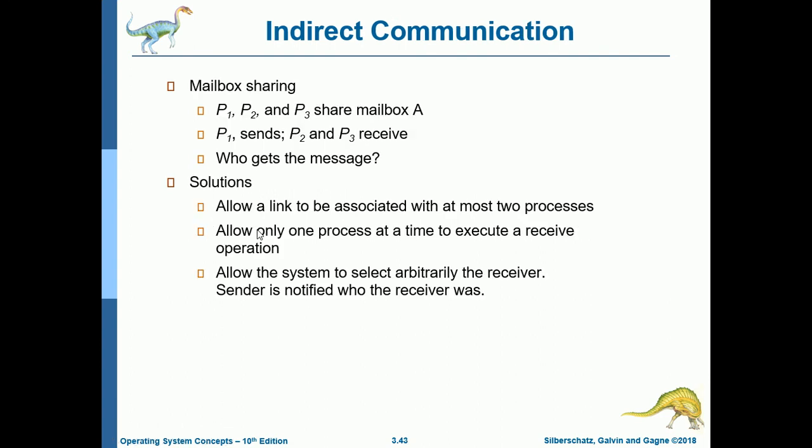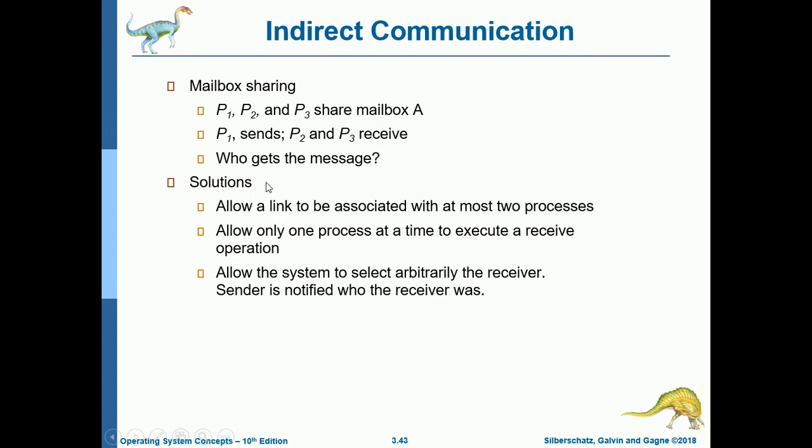Mailbox sharing. As I've said, two or more processes can share a mailbox. For this example, we have three. P sub 1, P sub 2, P sub 3 share mailbox A. P sub 1 sends. P sub 2 and P sub 3 receive. Who gets the message? Actually, it can be 2 and 3.